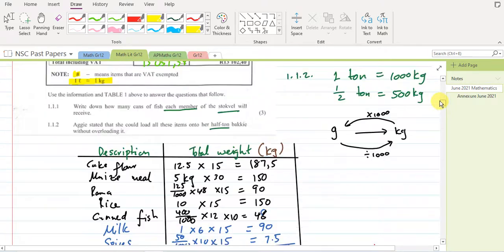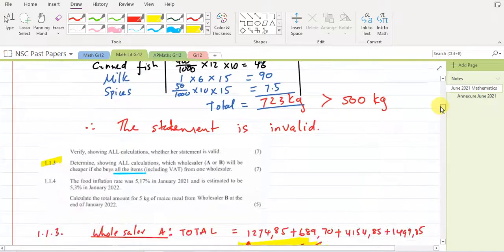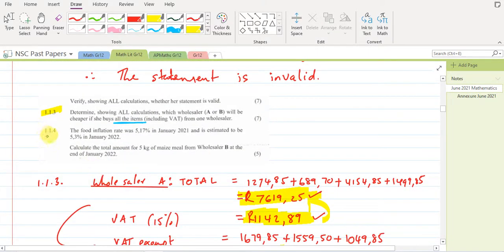Let's look at the next question. Alright, we have more questions here. 1.1.4: the food inflation was 5.17% in January 2021. Now inflation is basically the rise in prices of goods and services.